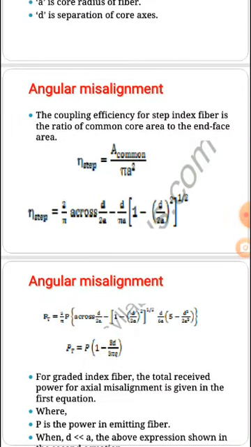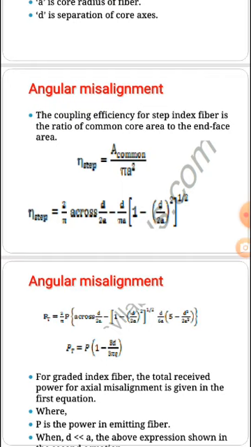Now, let me go through some more information about angular misalignment, and here this is nothing but PT, the total power, expressed like this. This is for the graded index fiber. Let me differentiate graded index fiber and step index fiber. Step index fiber was the first to come into the picture, and it provides lesser bandwidth.